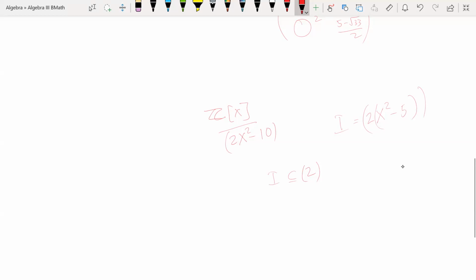So that tells you that (2) mod I is an ideal in this ring R, and it's a prime ideal. And this is of course not maximal in R.